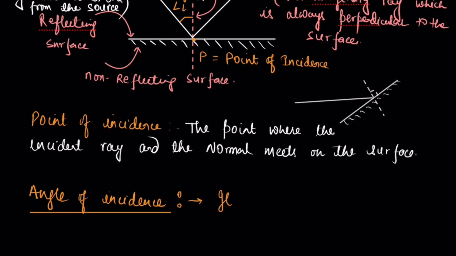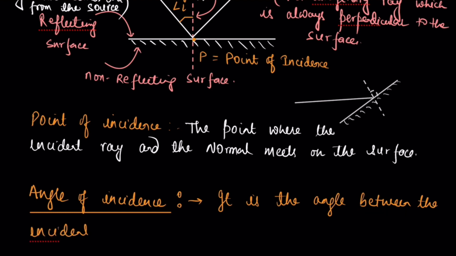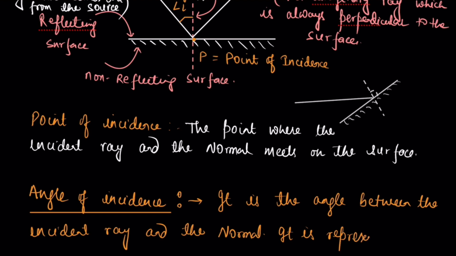It is the angle between the incident ray and the normal. It is represented as angle I.